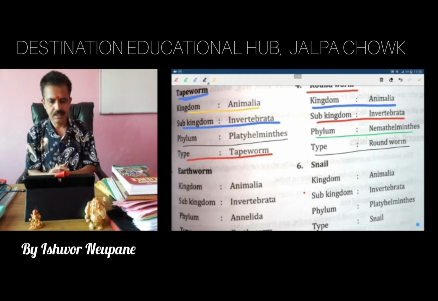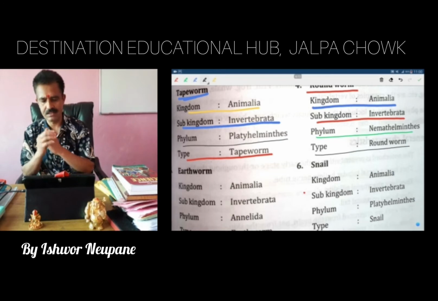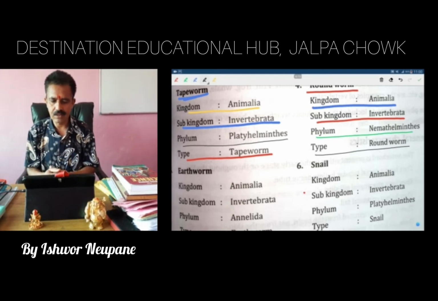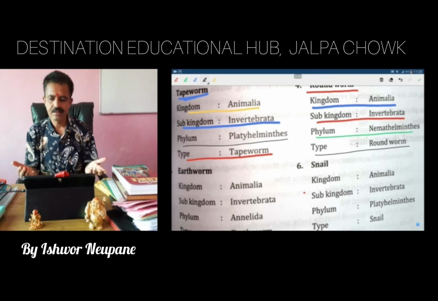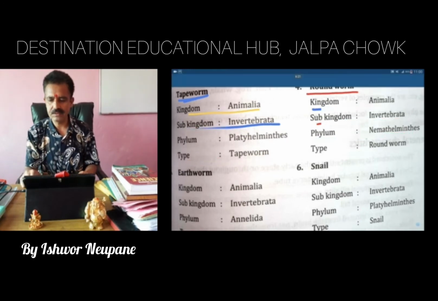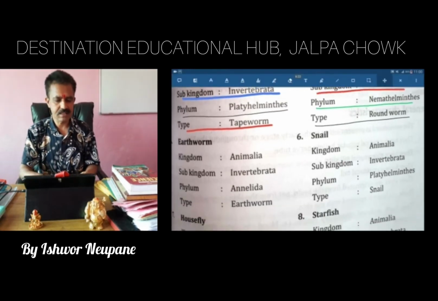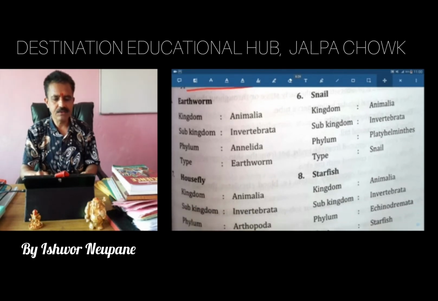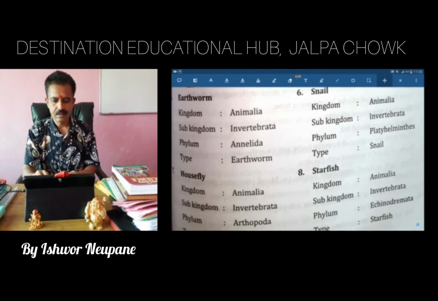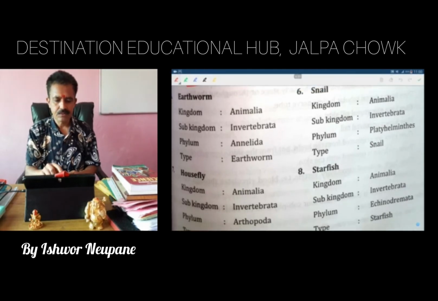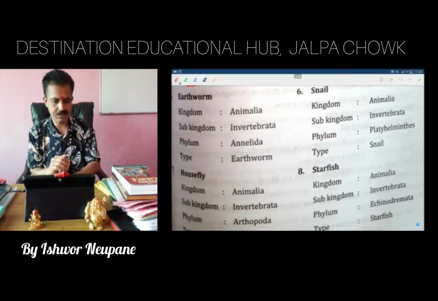Their body is cylindrical and unsegmented. Clear? One characteristic we are discussing. In the examination, a question is asked like this: classify the following organisms and write one special characteristic or salient feature.